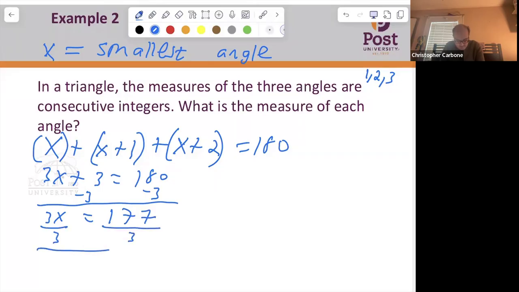And dividing by 3 gives us a nice answer of 59 degrees as the smallest angle. The middle angle, adding 1 to that, would be 60 degrees. And the biggest angle, adding 2, would be 61 degrees, based upon this scenario.